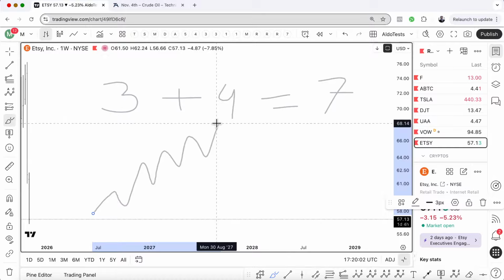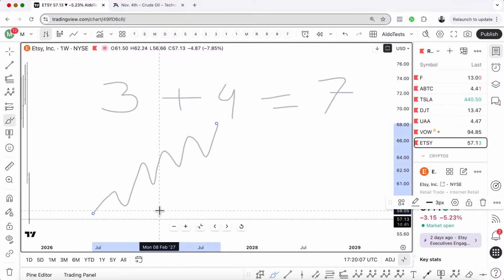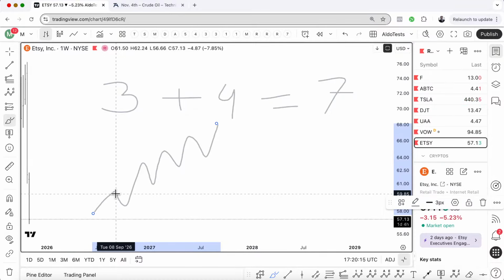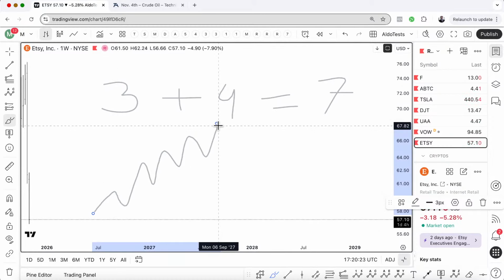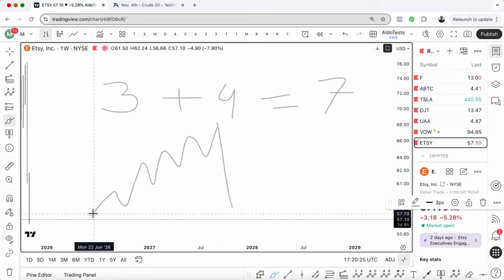Well, now we cannot say that this is an impulse because it has 7 waves. And that should give you pause, because if it has only 7 waves, it means that it's corrective. And if it is corrective, you know what it means. It means that it's going to be fully retraced, which means that this low will be tested.